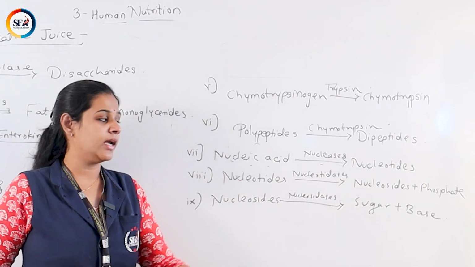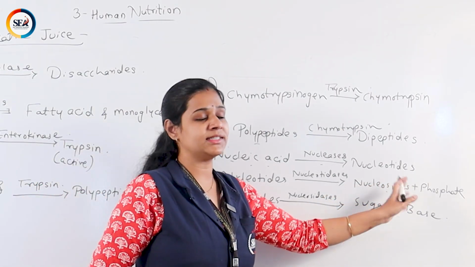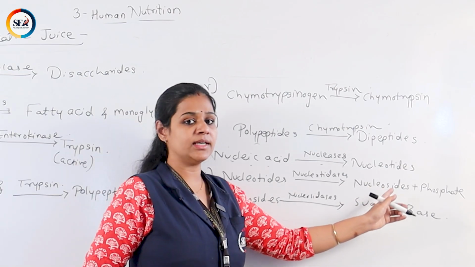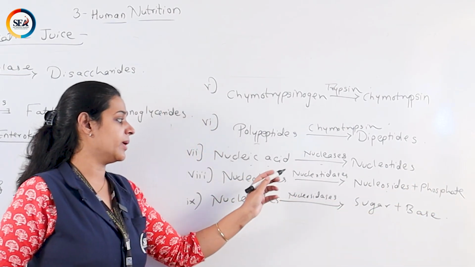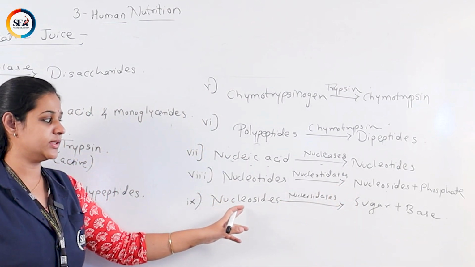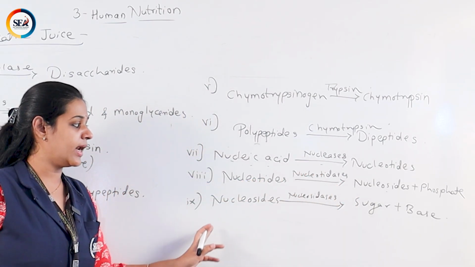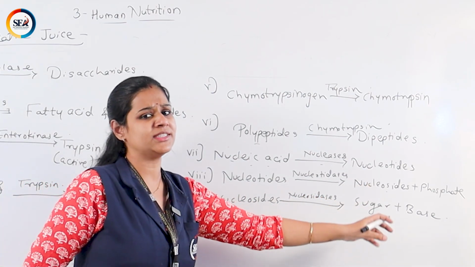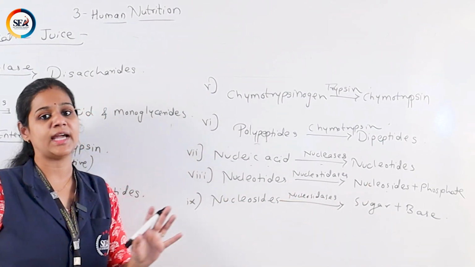What is a nucleoside? Nucleoside means sugar plus nitrogen base, which does not include phosphate. Nucleoside plus phosphate is formed with the help of which enzyme? Nucleotidase. Thirdly, these nucleosides, that is sugar and base, are converted into their simple forms with the help of nucleosidases.